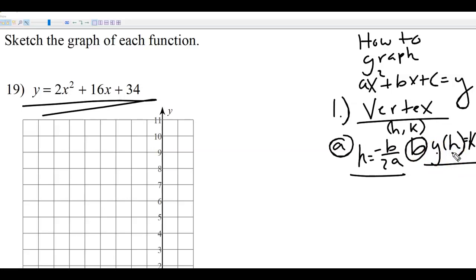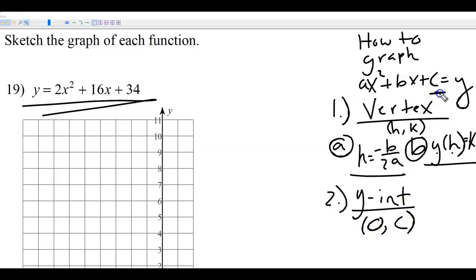Once you have that, you could get kind of detailed and be very specific if you want to. A lot of times what you'll do is you can graph the y-intercept. That's easy to do. The y-intercept is next. Let's do that. Y-intercept is 0, comma c.